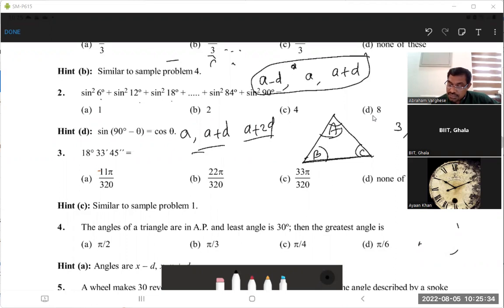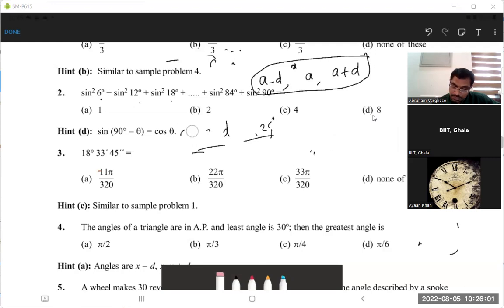3, 5, 7 are in arithmetic progression because their difference is the same. 1, 4, 7 is also in arithmetic progression: 1 plus 3 is 4, 4 plus 3 is 7. So you can take a minus d, a, a plus d; they are in arithmetic progression.